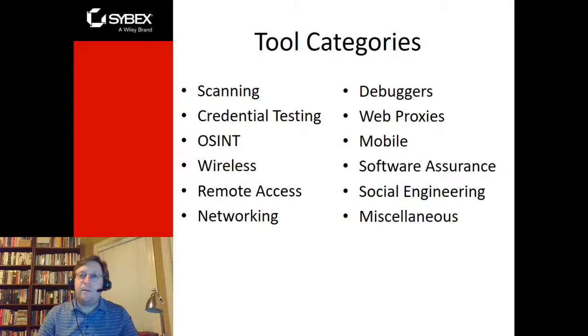Probably within the Linux world, SSH is the most common example of that, though there are some other things too. And exploitation is the way you're actually going to compromise systems and escalate privileges on systems that you've compromised. Metasploit, which we talked about briefly in the first half of this class, is probably the most famous example of that.